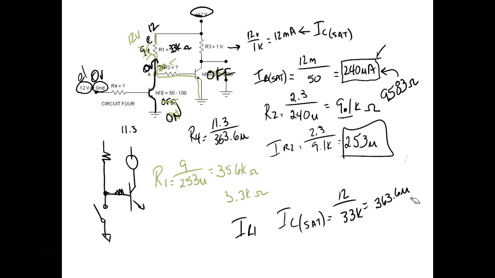This is supposed to be 233 divided by 253. No, R1. VR1, where's VR1 at? Did I erase it?